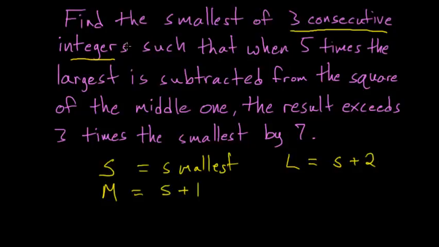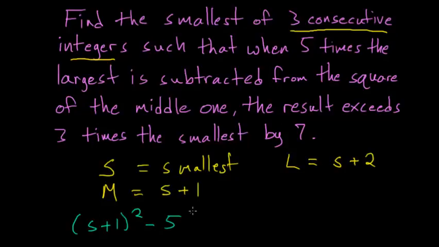And now looking at this next part here, that when 5 times the largest is subtracted from the square of the middle one, the result exceeds 3 times the smallest by 7. So 5 times the largest is subtracted from the square of the middle one. So we can write the middle one, which is (s plus 1) squared, and then we're subtracting 5 times the largest.